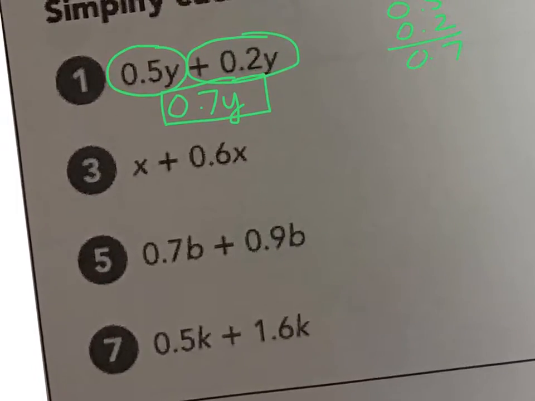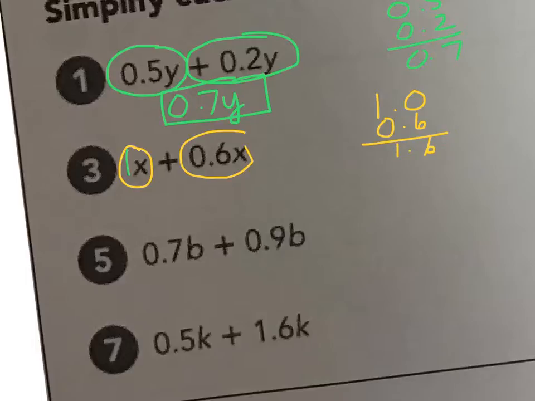Okay. This is really a 1x. So a 1x combined with a 0.6x. So 1.0 plus 0.6. I got to make sure I line up my decimals when I add. So this would be 1.6x.